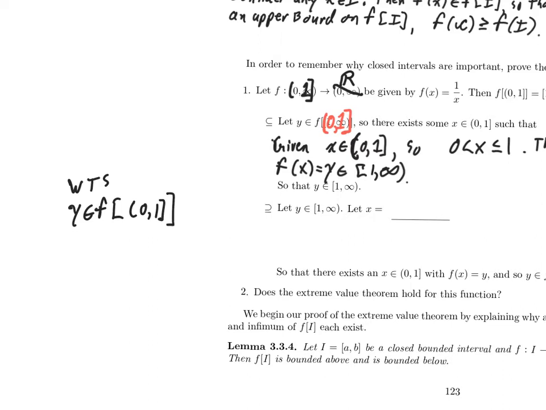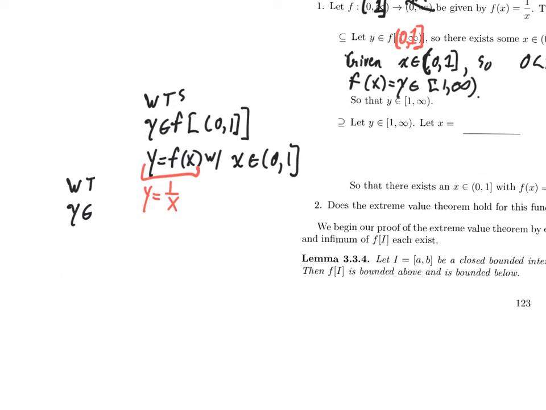That means I want to show y is equal to f of x for some x in (0, 1]. That means y is equal to 1 over x, and I want to figure out what that x is, but that's easy to solve for x. x is 1 over y.